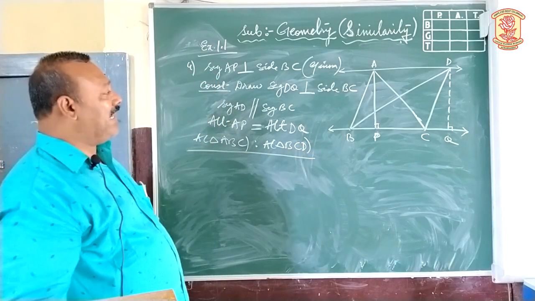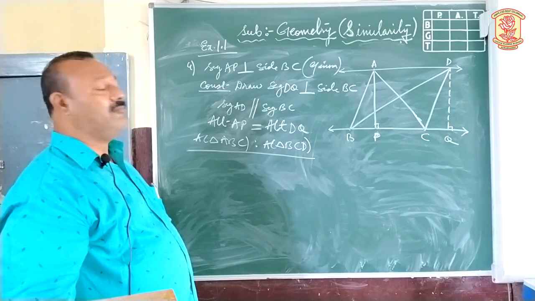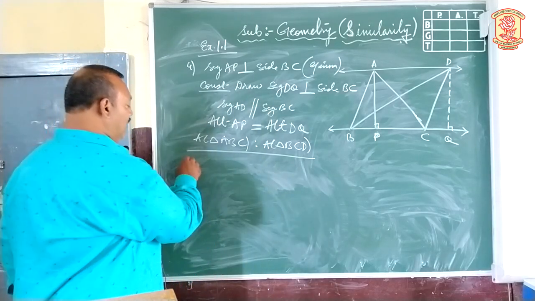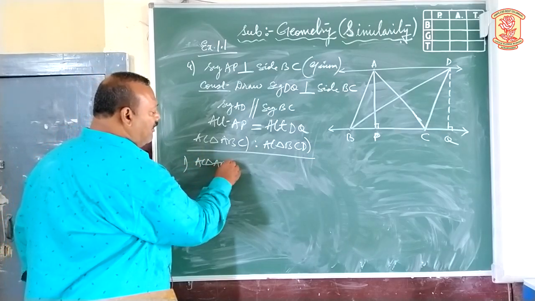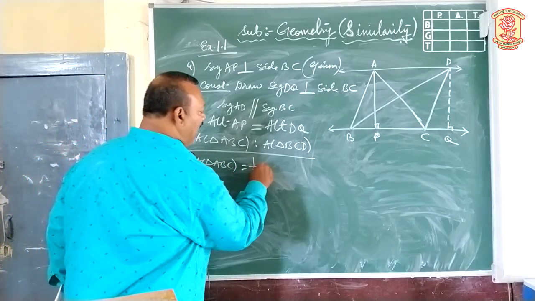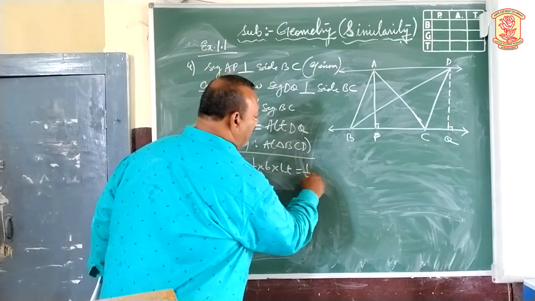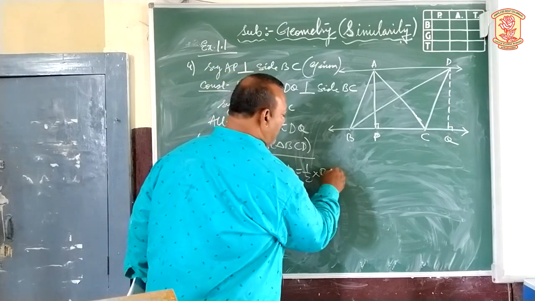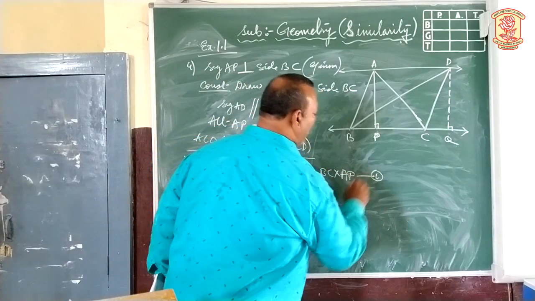Find the ratio of the area of triangle ABC with the area of the other triangle, BCD. First, what will be the area of triangle ABC? Again apply half into base into height. Half base BC, height AP. This will be 1.